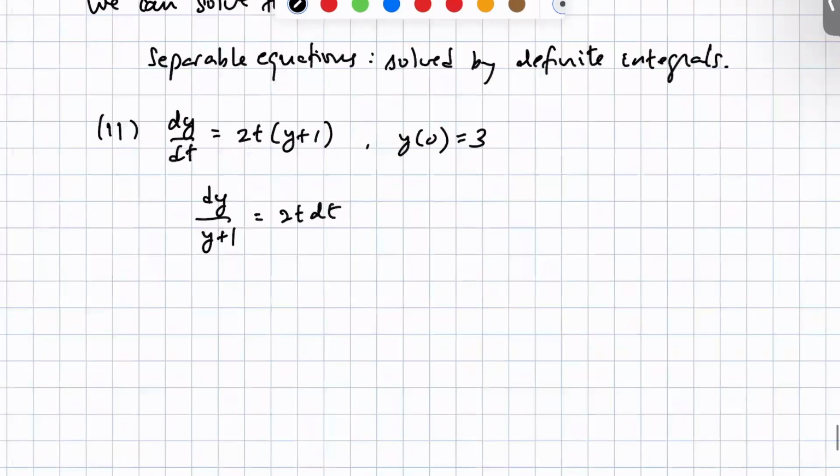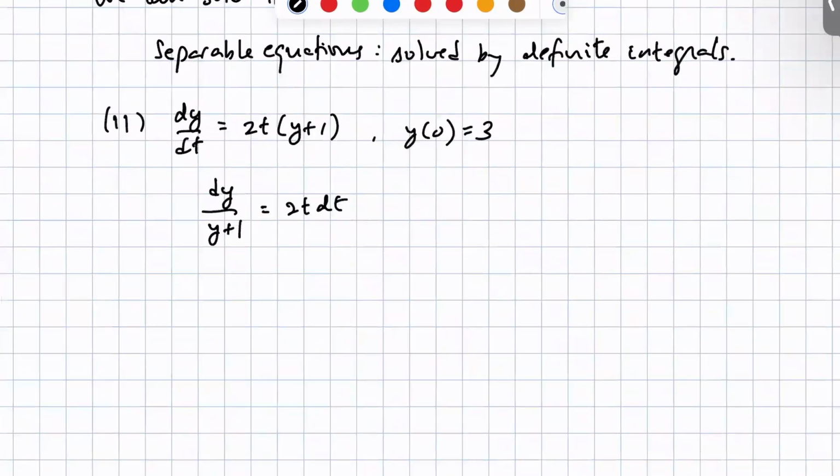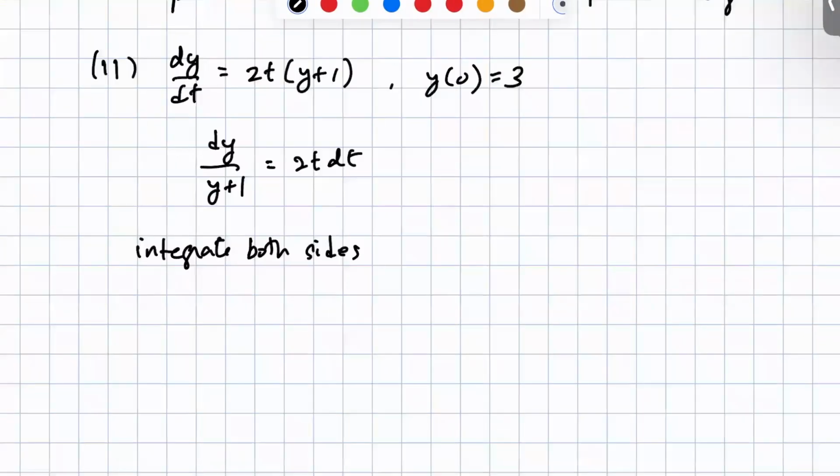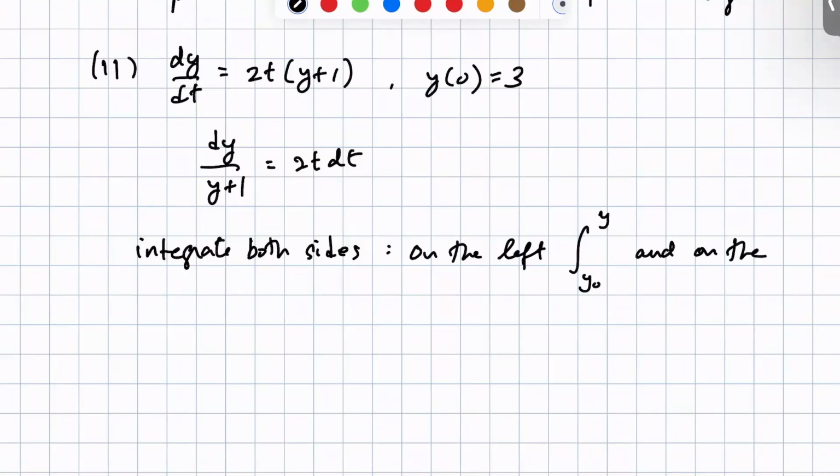And now I'm going to integrate both sides. First, on the left, we will be integrating from y0, which is the initial condition for y, up to y. And on the right, I'm going to be integrating from t0 to t.